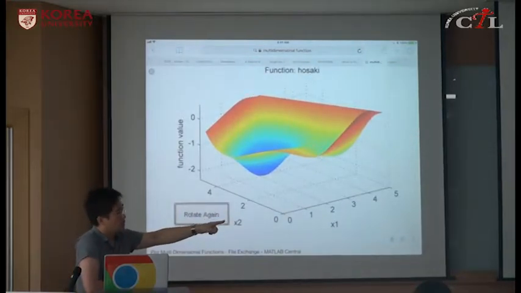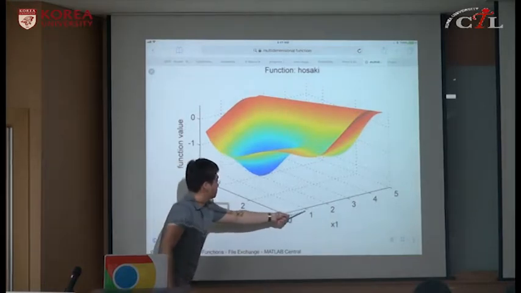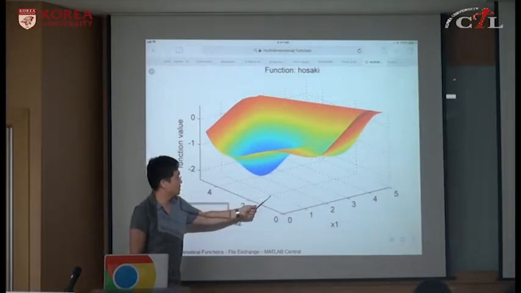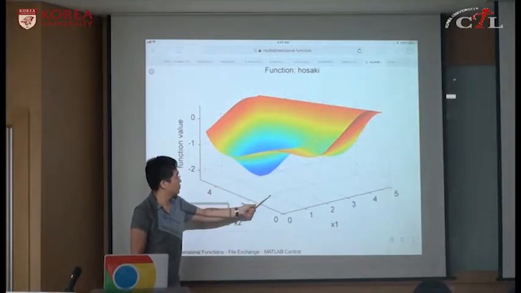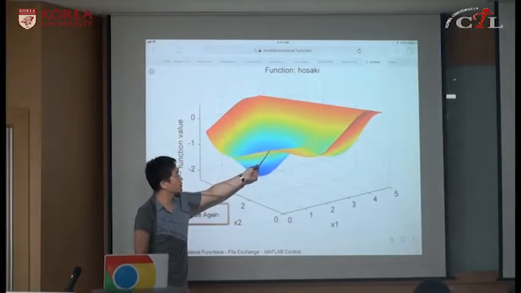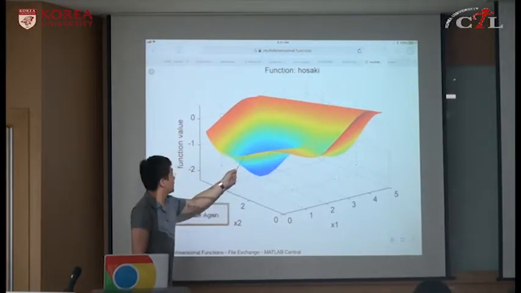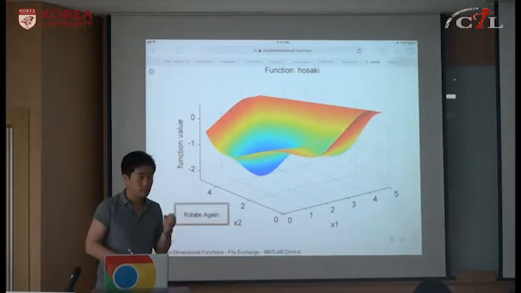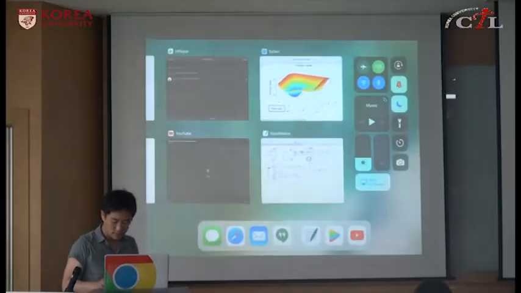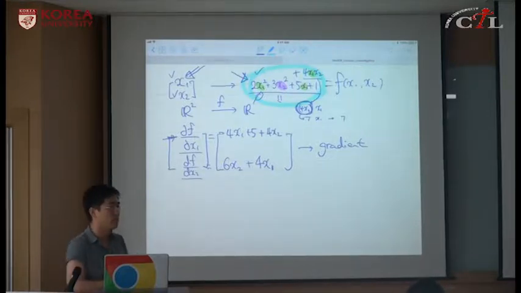And then when x1 was 1 and x2 was maybe 2, this will be the corresponding input vector, and then we obtain the height of this function, some kind of a mountain, and the height of this corresponding value will be our function value that is obtained as this guy, right? Because that is our function definition.